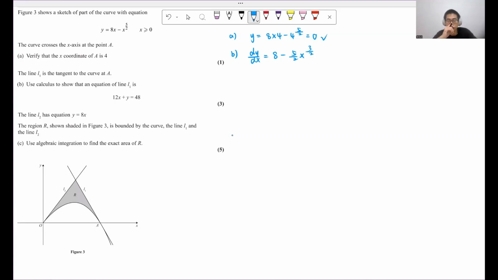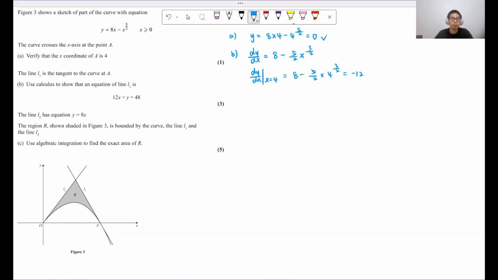Just bring down the power and minus 1 from the power. Because the x-coordinate of point A is 4, if we substitute in x equal to 4, that would be 8 minus 5 over 2 times 4 to the power 3 over 2. If we put that into the calculator, that's just negative 12.